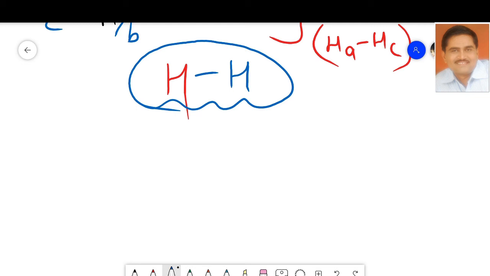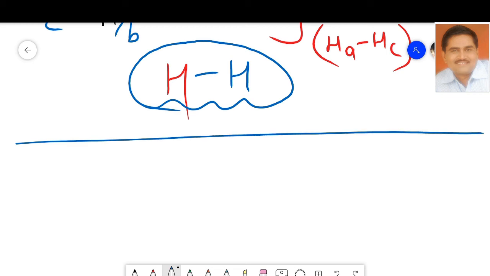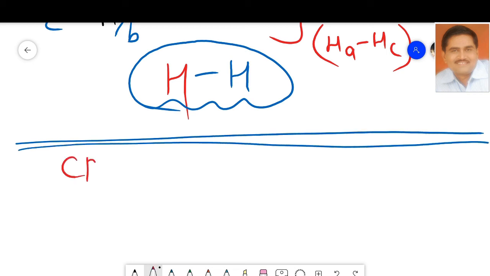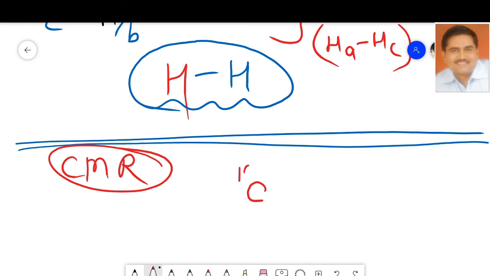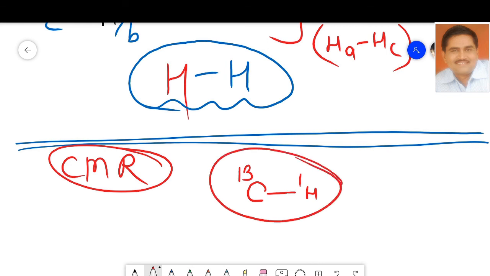But in case of CMR, there is coupling between 13C and H1, and such type of coupling comes under the heading heteroatomic coupling.